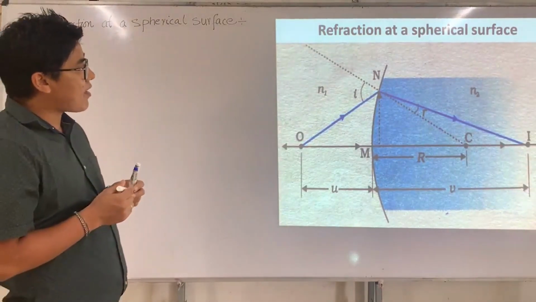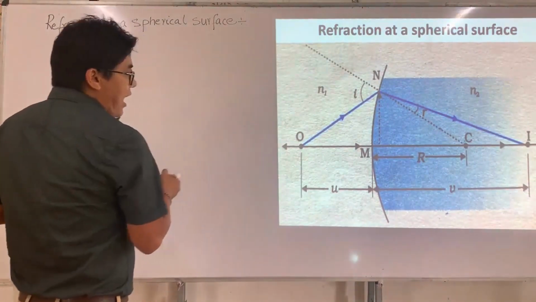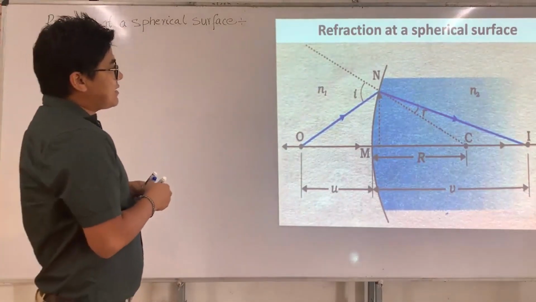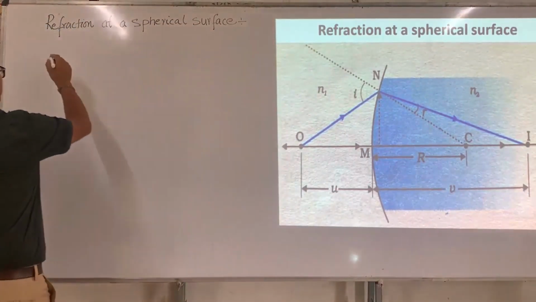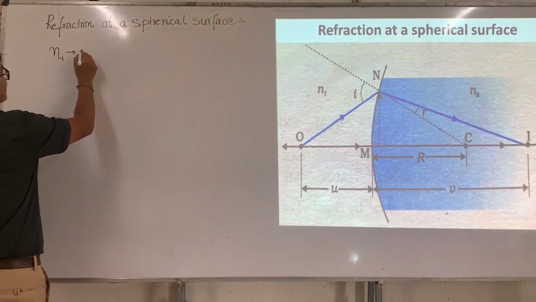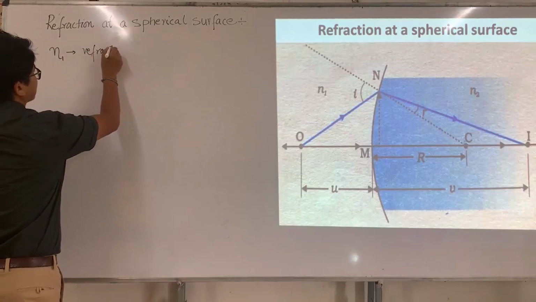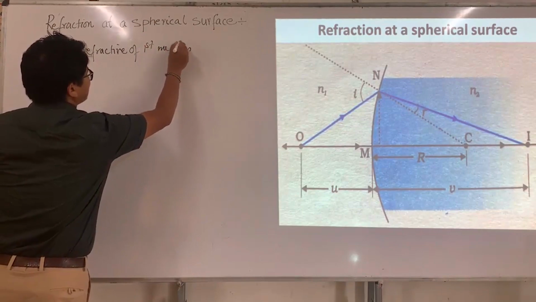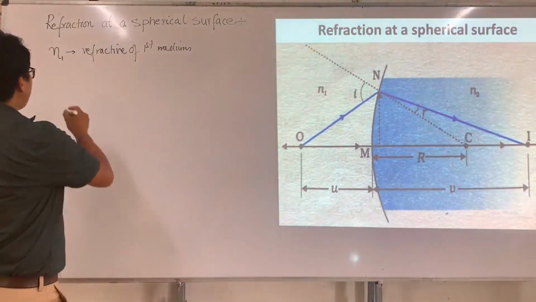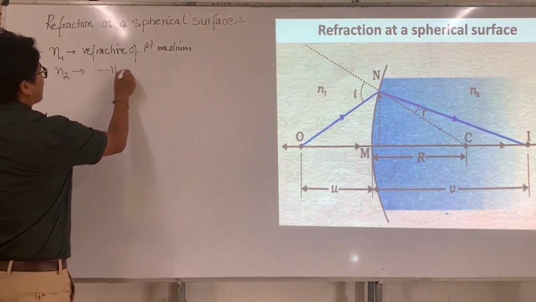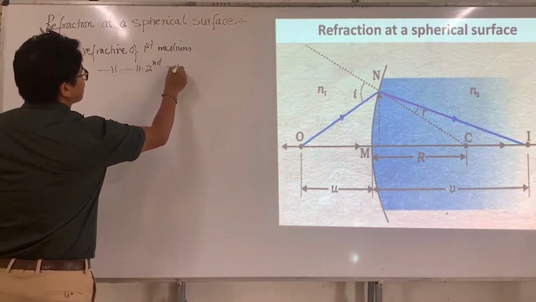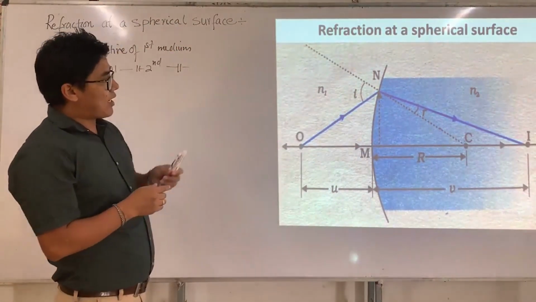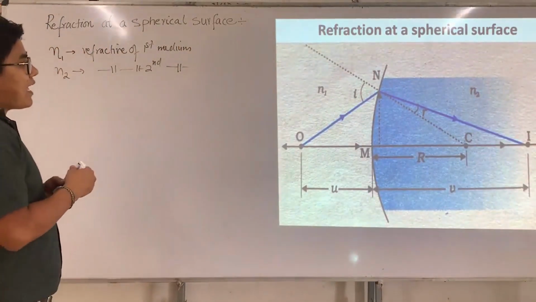This is the diagram, and this is the spherical surface. N1 is the refractive index of the first medium, let's say air, and N2 is the refractive index of the second medium, which is glass, since we are passing light through a glass medium.